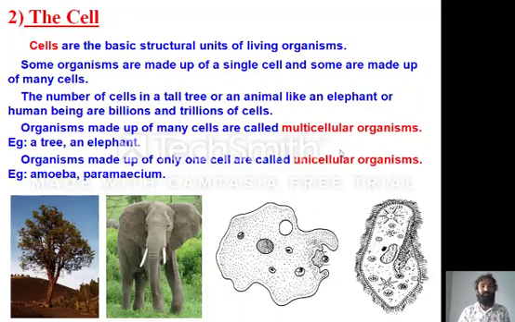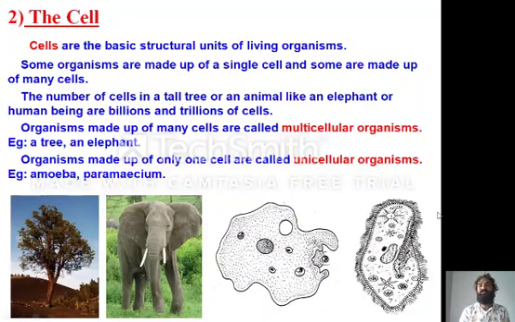Some organisms are made up of a single cell, and some are made up of many cells. Based on cell number, organisms are mainly divided into two types: unicellular organisms and multicellular organisms. If an entire organism body is made up of only a single cell, it is called a unicellular organism. Just see the picture here, it is an amoeba, made up of only one cell.